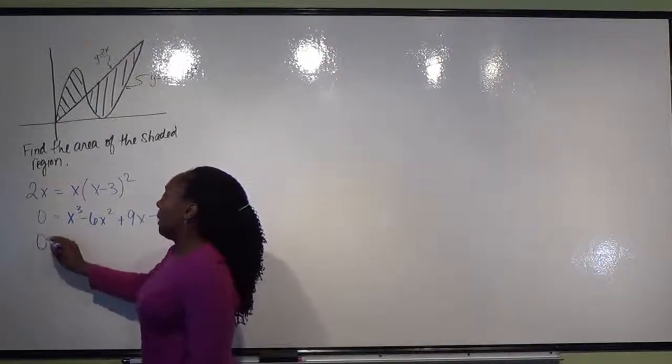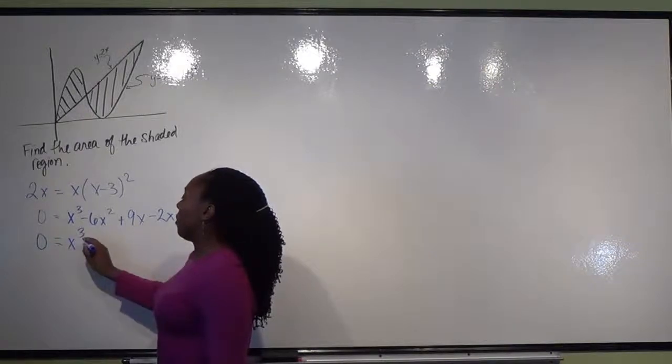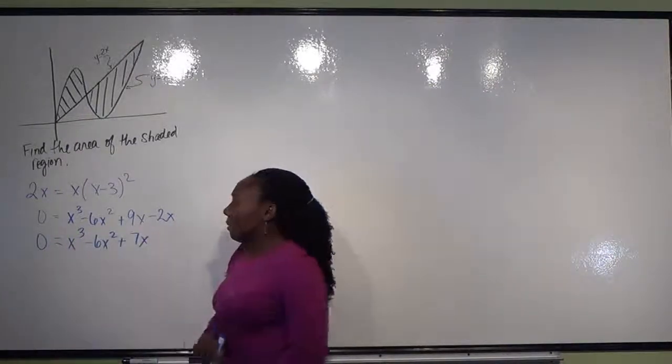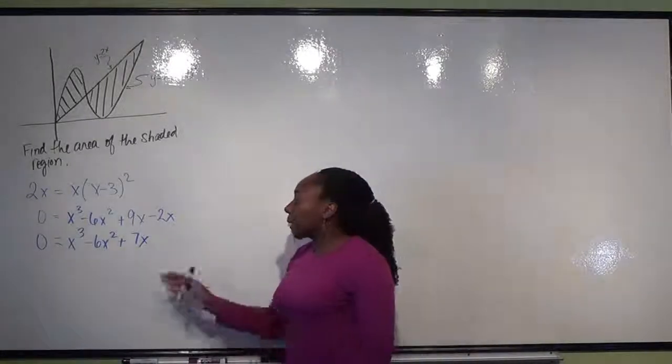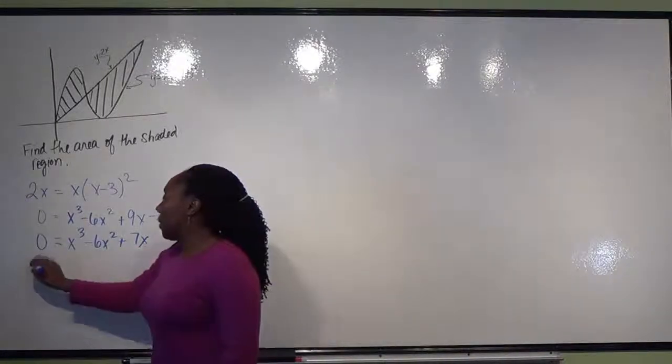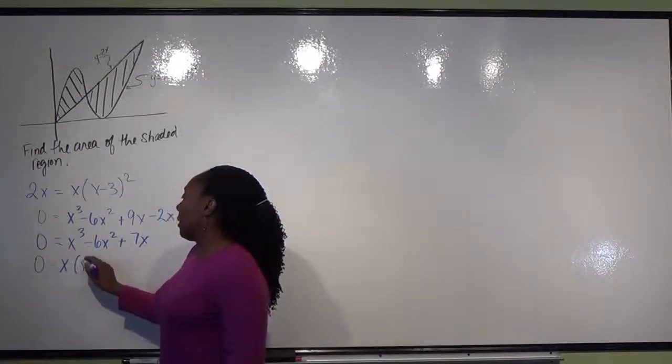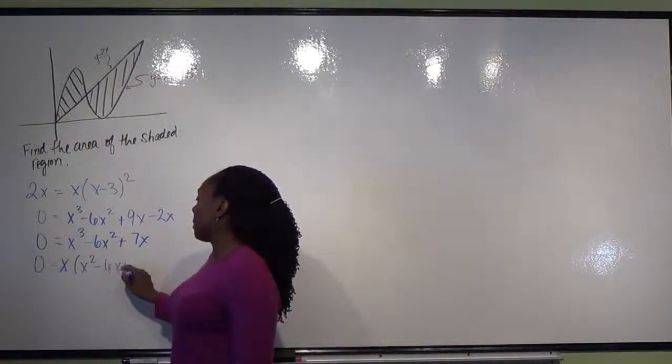Combining like terms, this is x cubed minus 6x squared plus 7x. To solve for x, I'm going to factor.